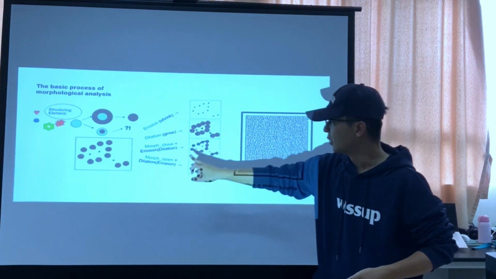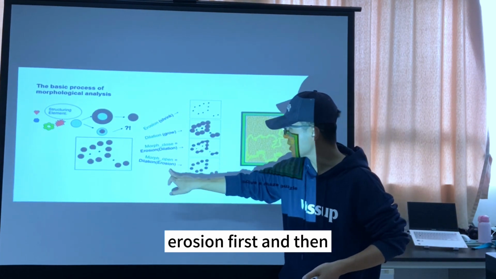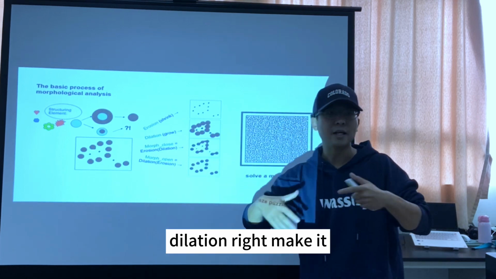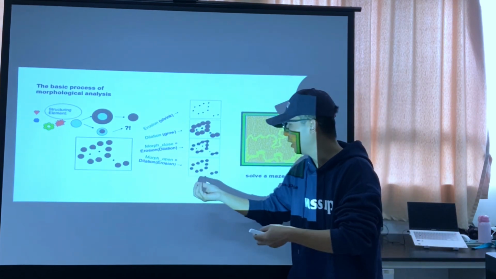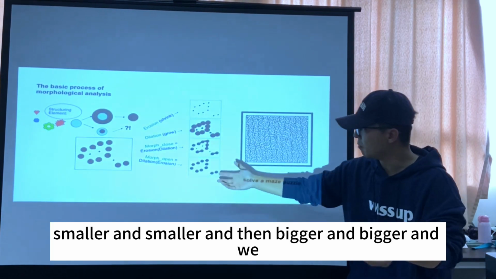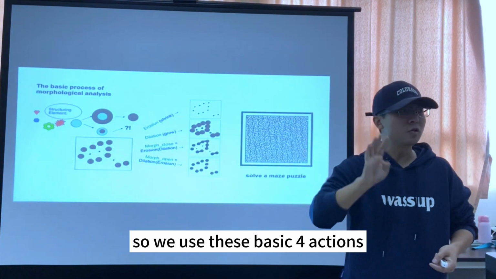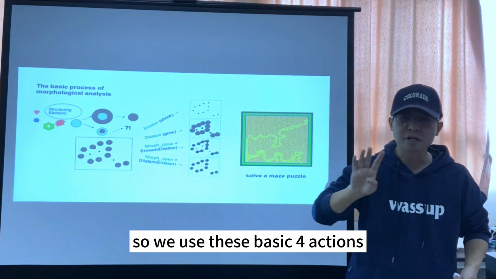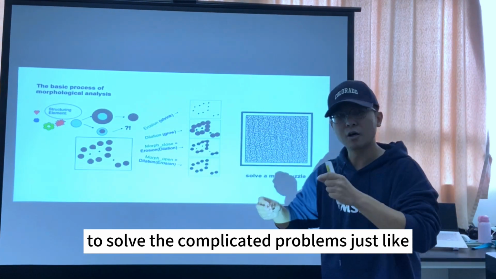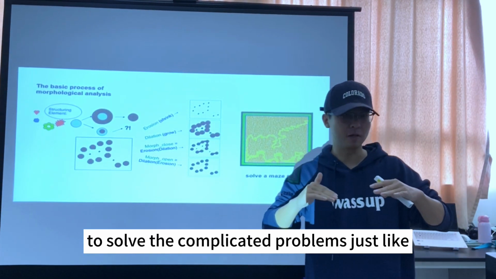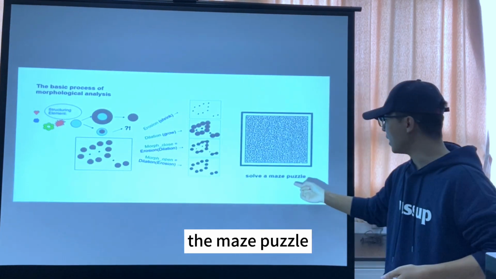That means erosion first and then dilation. Make it smaller and smaller and then bigger and bigger, and we get these results. So we use these basic four actions to resolve complicated problems, just like a maze puzzle.